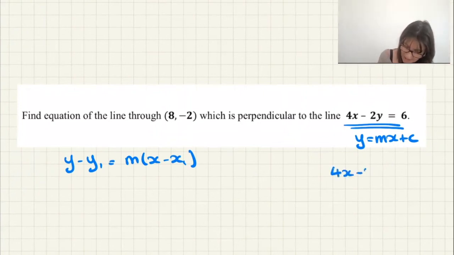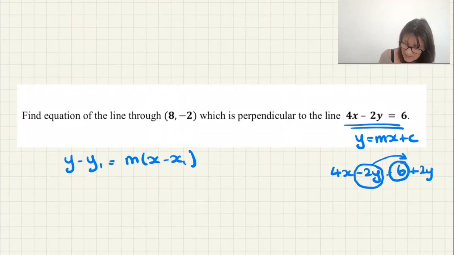So I've got 4x minus 2y equaling 6. Now I need my y to be on its own, so I've got to get rid of that 2 too, but I don't want a negative either. So what I'm going to do, which is just taking a shortcut really, I'm going to move the minus 2y over there so that it becomes positive 2y.